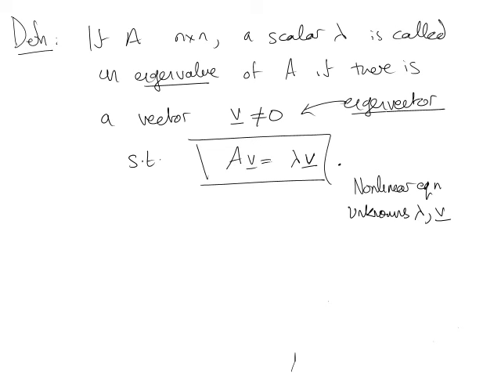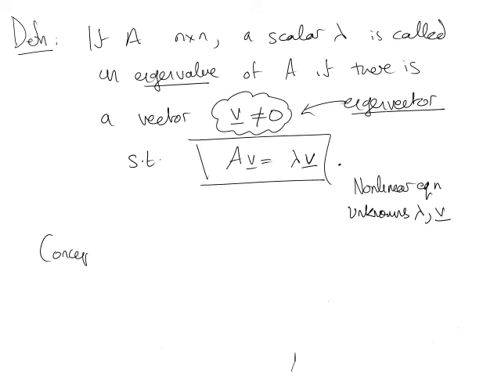And the other thing I want to say about this is that we never consider the 0 vector as an eigenvector, because that's not interesting. For any matrix A, if you look at A times 0, you just get back 0. So it's never 0.